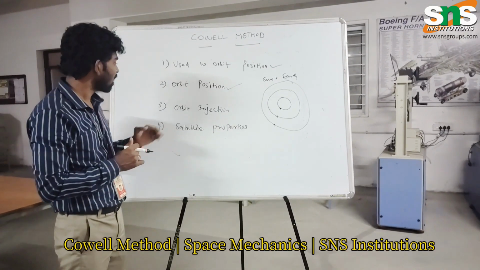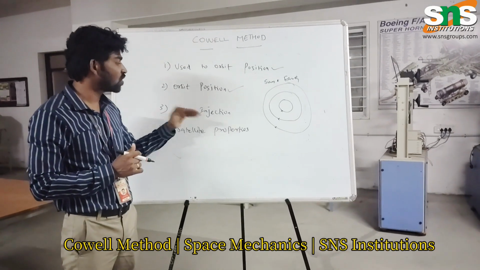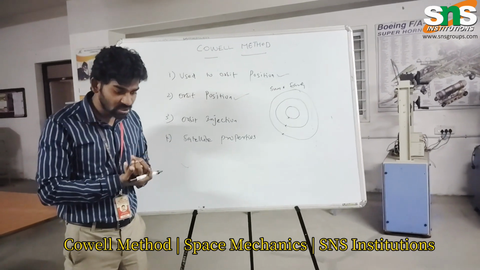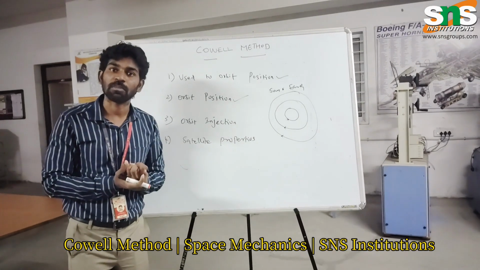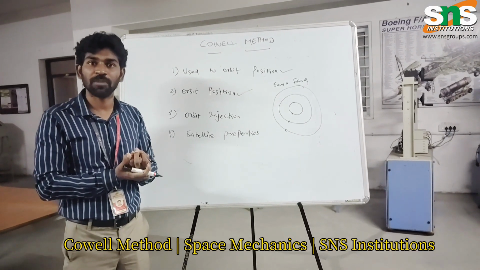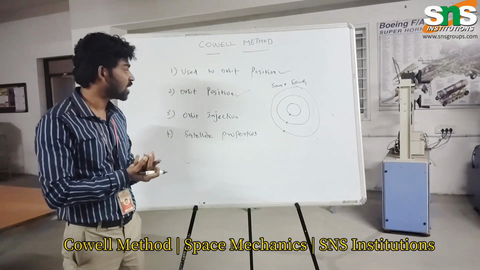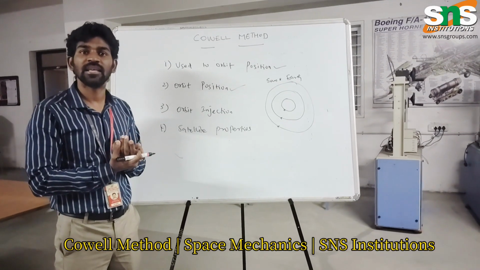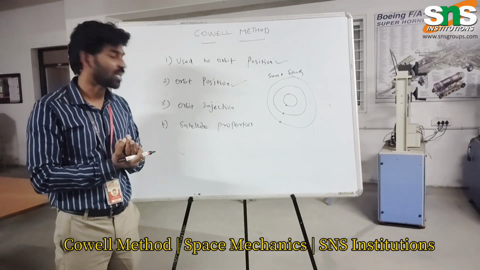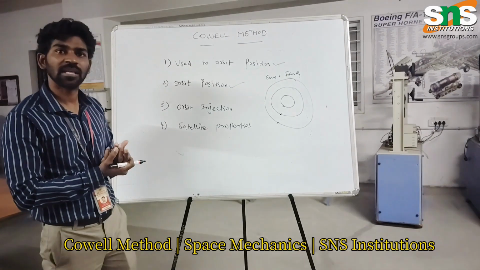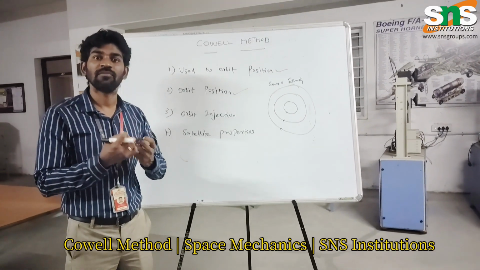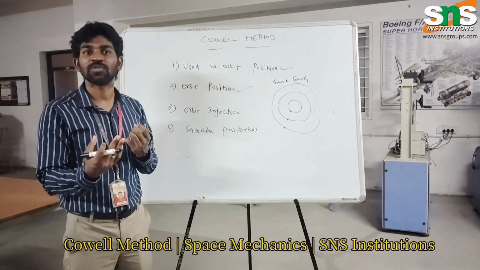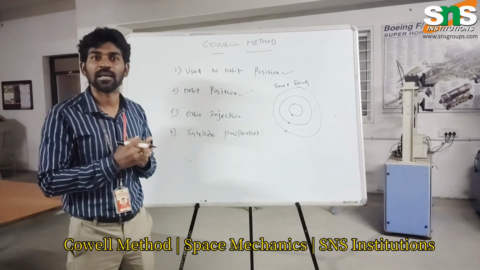method. And the third part of this method is used for the injection. What is an injection? Injection means giving some type of boost or some type of energy to the desired or particular satellite. So here in orbit injection, every satellite will have a particular amount of energy to transfer from one orbit to another.